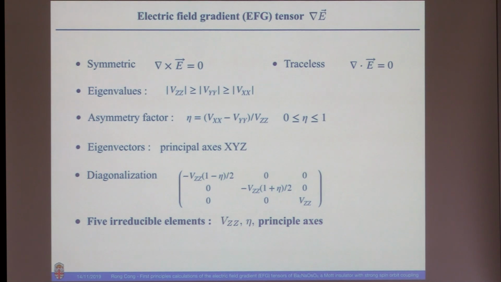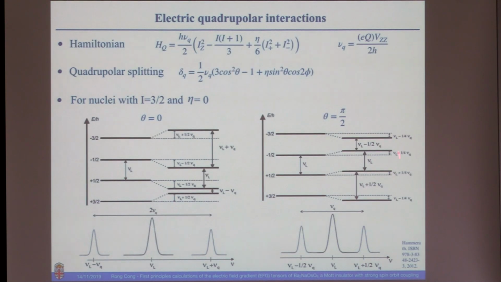But NMR can calculate that according to the electric quadrupole interaction, whose Hamiltonian is written as this with the EFG parameter nu Q and the asymmetry factor eta. Above the normal Zeeman splitting, because of this interaction, the spectrum further splits.